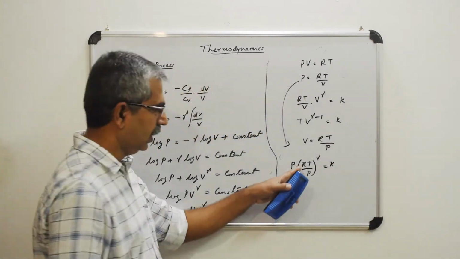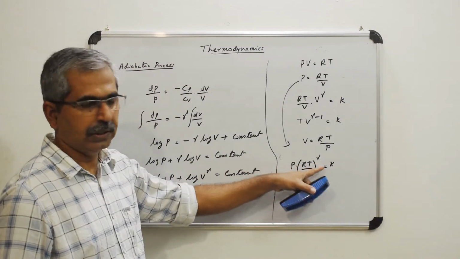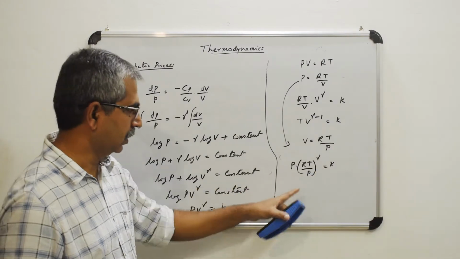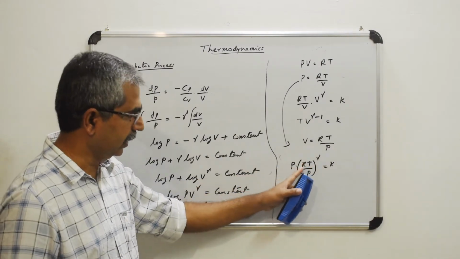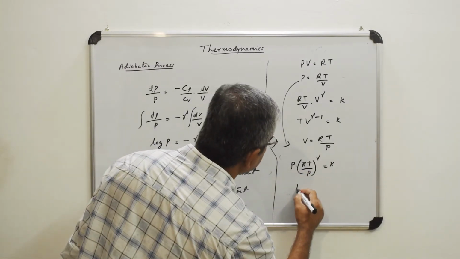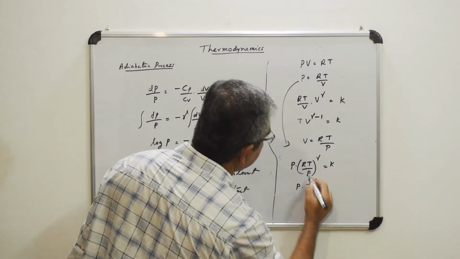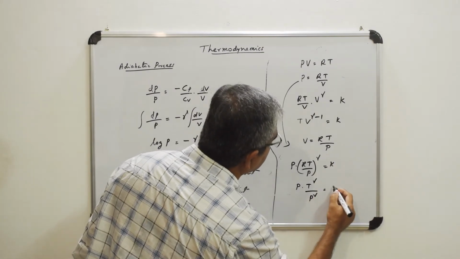Okay, again if you expand this one, it is R raised to gamma, and again we can take that to the right side and that will be a constant. So you can write it as P into T raised to gamma divided by P raised to gamma equal to a constant.